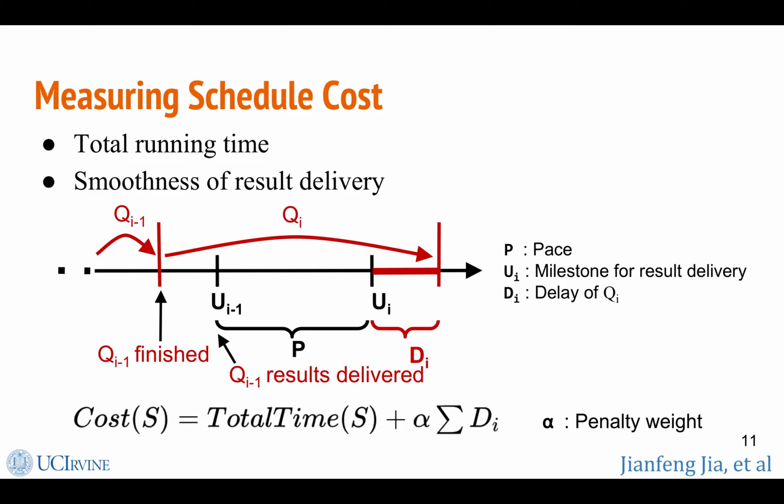So in this case, we want to punish this query result delivery by giving a penalty to the cost. The total cost function consists of the total running time and the penalty given to the irregular updates.